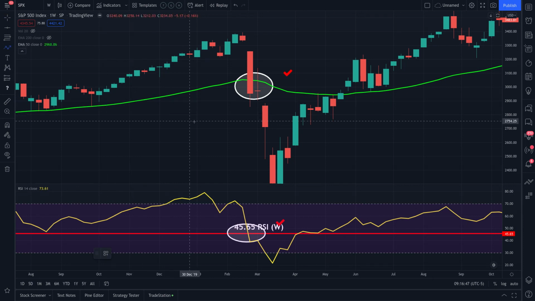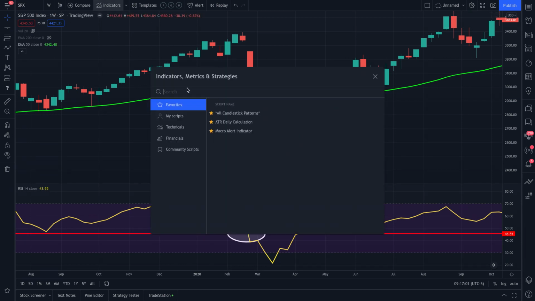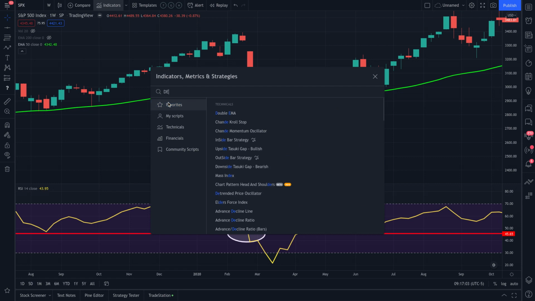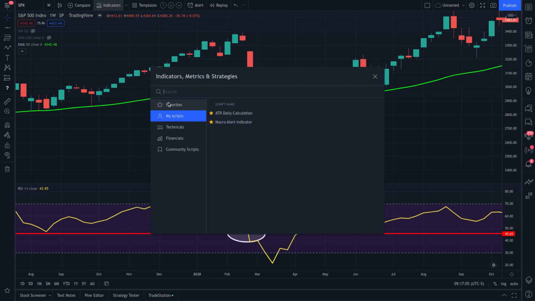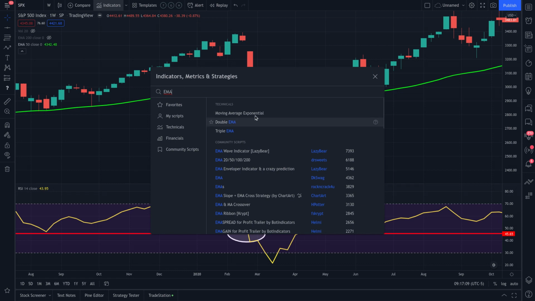First thing, weekly: a close below this green line. If you want to pull this up on your chart, I'm using tradingview.com. This green line is the 50 exponential moving average. To the top here where you'll see indicators, you click that, and where it says search, you simply type in EMA, and at the very top it says Moving Average Exponential.